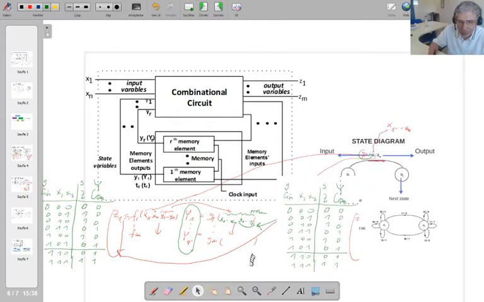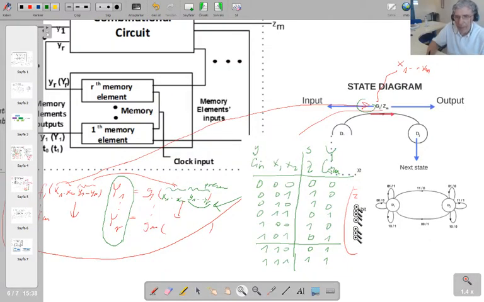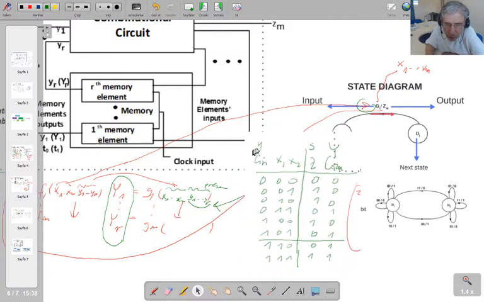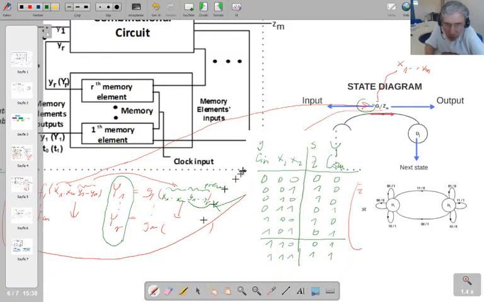Okay. Now, if we go in now, you see that is now, so this line here, present state is small y, small y value is 1. So that is 0, that is 1.